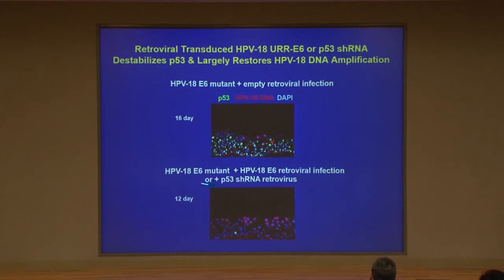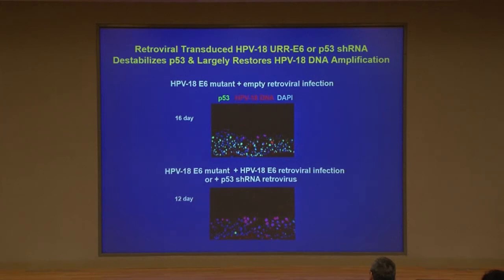Now, if you rescue this mutant using a retrovirus expressing E6 or a retrovirus expressing p53 shRNA, you can largely restore viral DNA amplification. In the meantime, p53 goes away. So now we know p53 is the one that controls viral DNA amplification. And prior to this, there were many speculations.